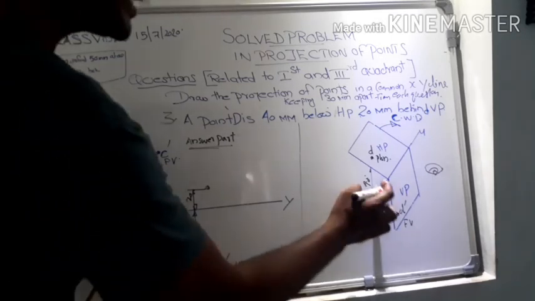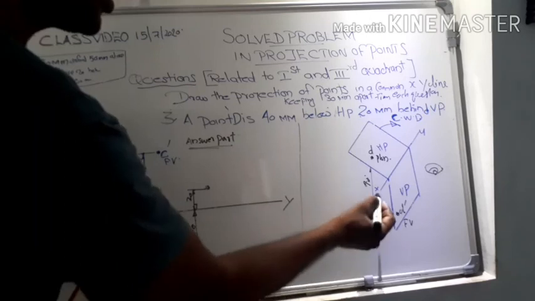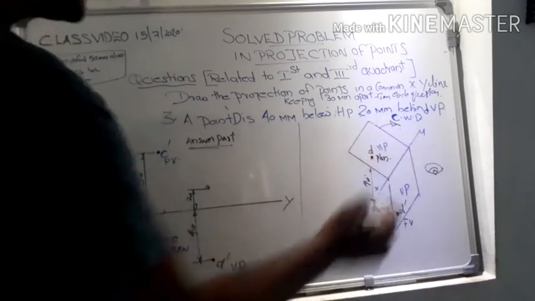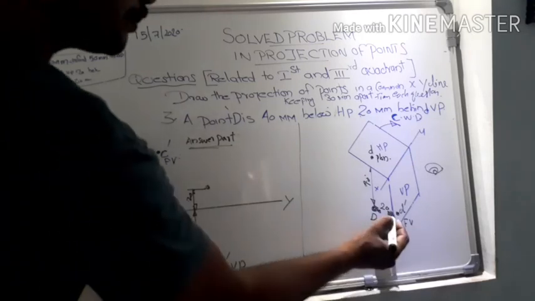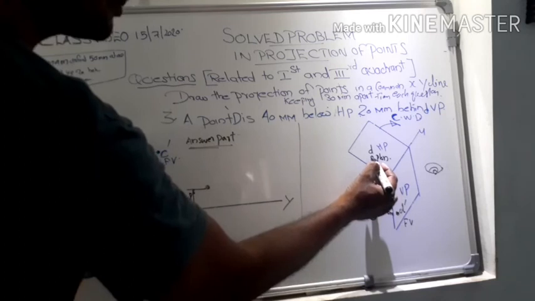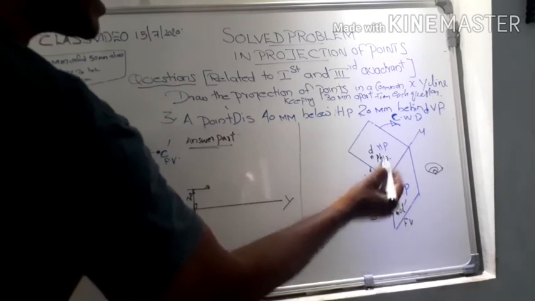Now, what is the next step? Next, we have to project its plan on its reference plane. Which is the reference plane? HP is the reference plane. By keeping 20 mm distance, we have to project its plan on HP, and we have to get a point here, keeping 20 mm distance from the XY line.